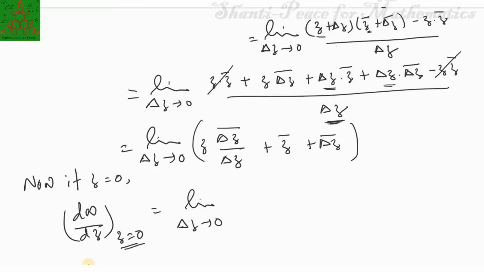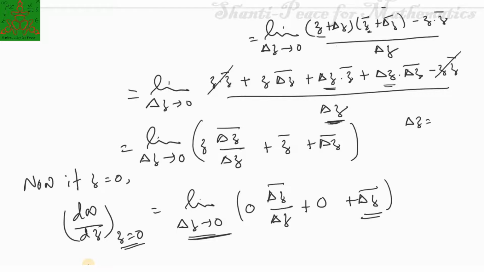Because z is 0, you will have 0 into delta z bar upon delta z, plus, since z is 0, z bar is also 0, plus delta z bar. And since delta z is tending to 0, delta z bar is also tending to 0, because delta z is delta x plus I delta y. Delta z is nothing but the increment in z, so it has to be the increment in the real part and the increment in the imaginary part.